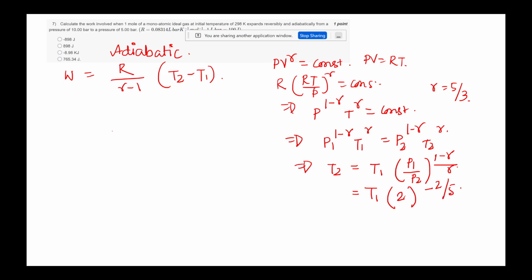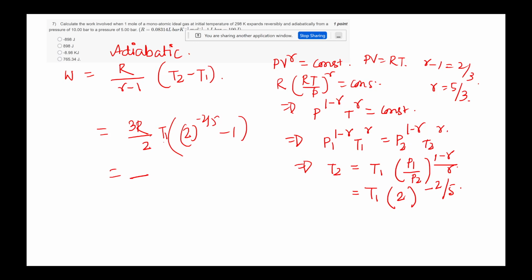And if you substitute everything, there will be 3R by 2, because gamma is 5 by 3, so gamma minus 1 will be 2 by 3. And T2 we can get as T1 times 2 to the power minus 2 by 5, minus 1.